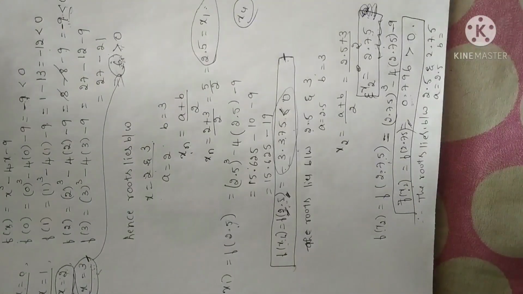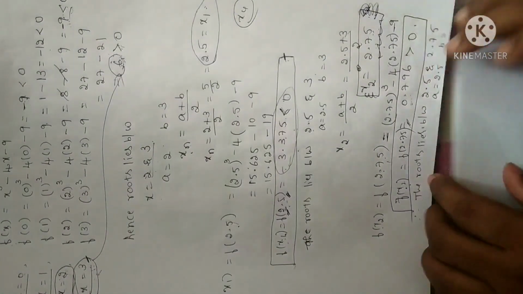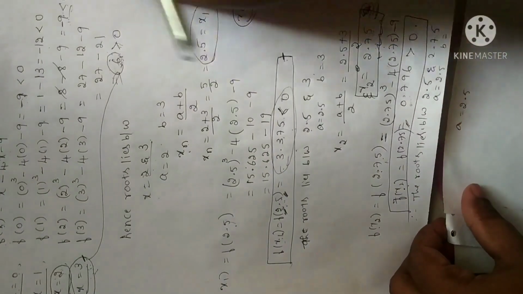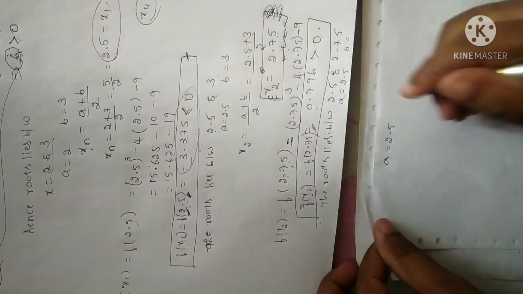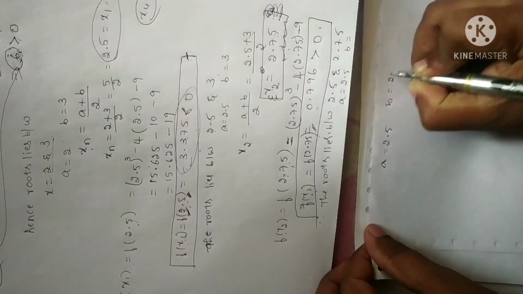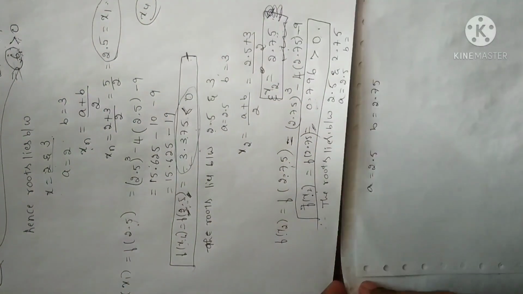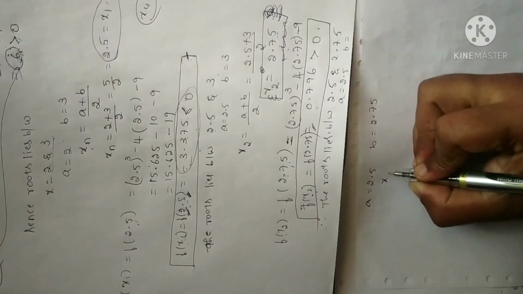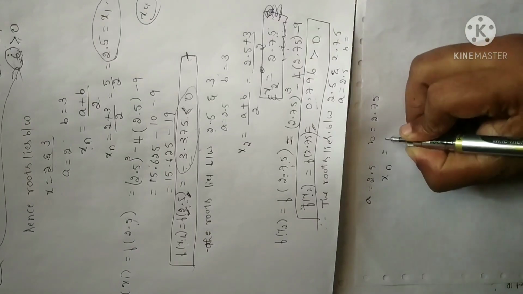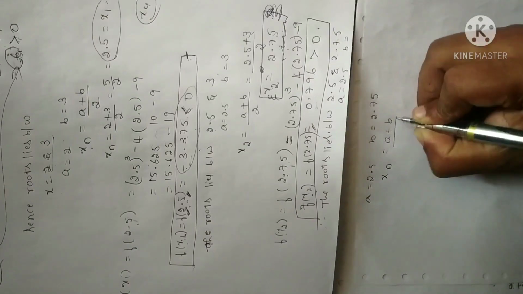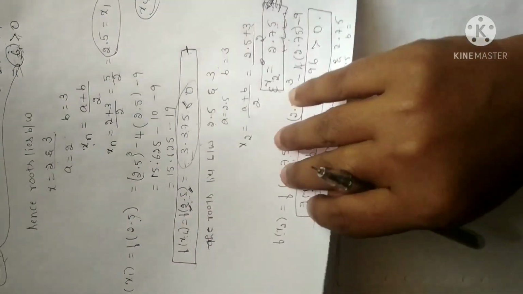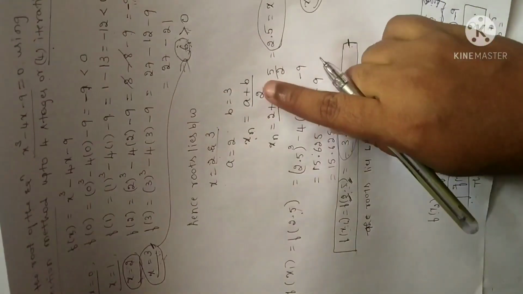So I have taken the value of a as 2.5 and b as 2.75. Clear? Now I have to do the same procedure, that is the xn is equal to a plus b by 2 formula. I am applying the formula.